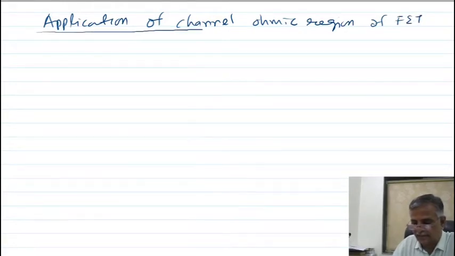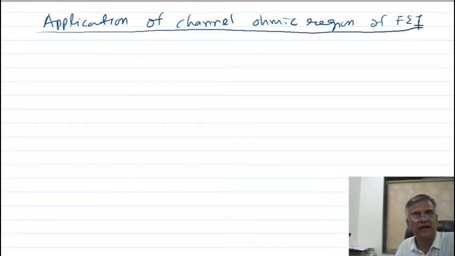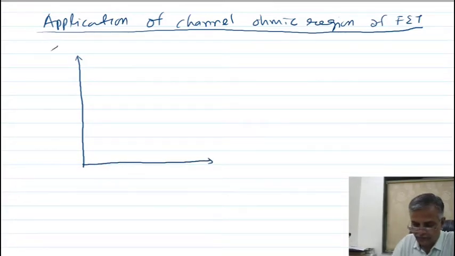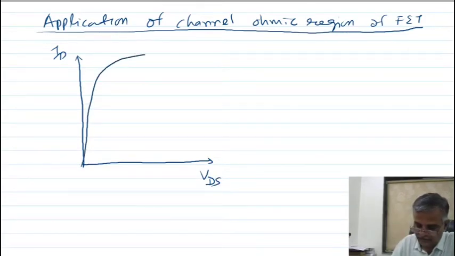What is its application that I want to discuss? Look here, we already know the characteristics of a field effect transistor. These characteristics we have already drawn, the graph of ID versus VDS, and we get it like this.